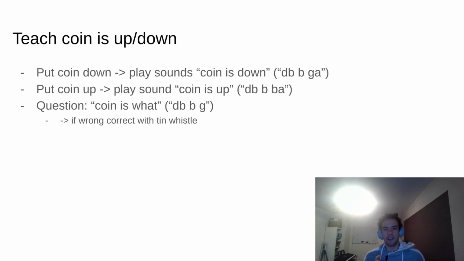So the next thing would be teaching: is the coin up or is the coin down? So we put the coin into the water in the down position and show coin is down, say that with the underwater speaker, the same for the upper position. And then we do it again with the question, coin is what?